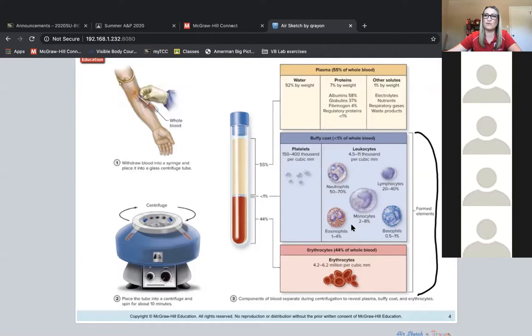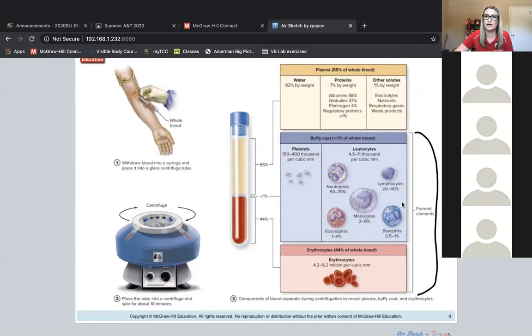Basophils are important in allergic reaction. The basophils are going to release histamine and heparin. Histamine is a vasodilator. Heparin prevents blood clotting, and they're also really important in inflammation. More of that will be clear when we get into the immune system chapter.